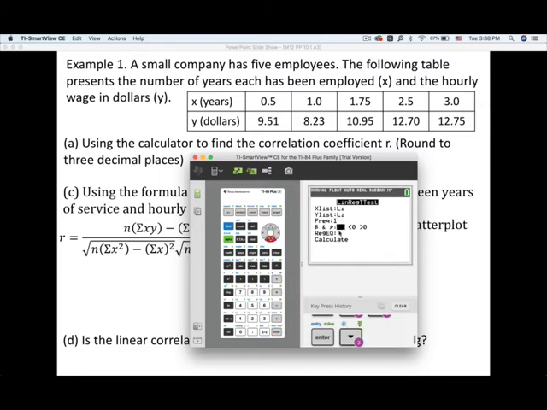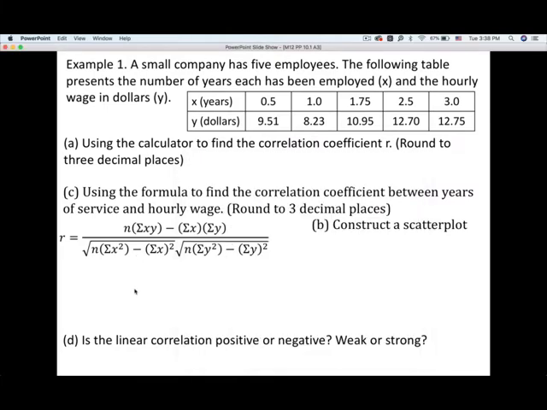Here, I just put not equal to 0. Go to calculate. Enter. So here, go down, you're gonna see R equal to 0.906. So write it down here.